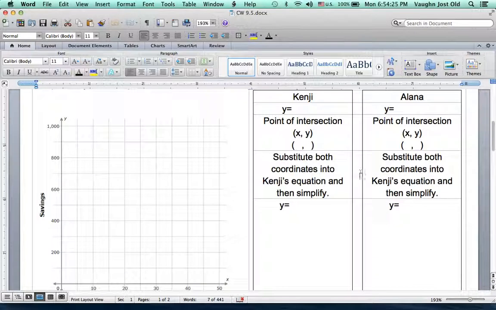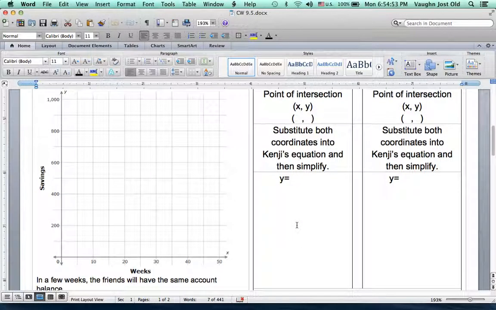And then once we do that, we're going to plug those coordinates back into our equation for each of the two accounts, for Kenji's account and for Elena's account. So instead of y equals something x plus something, we're going to be plugging in the x and the y for the x variable here and the y variable. And then we're going to solve those equations.